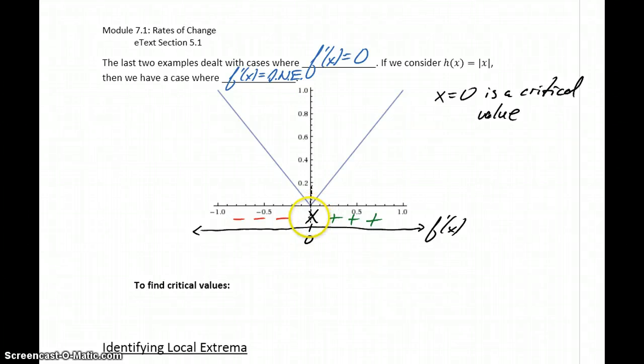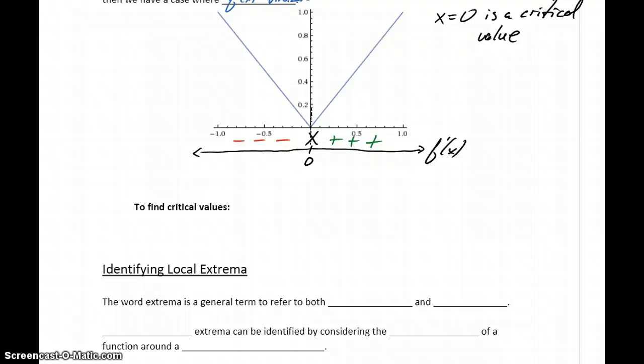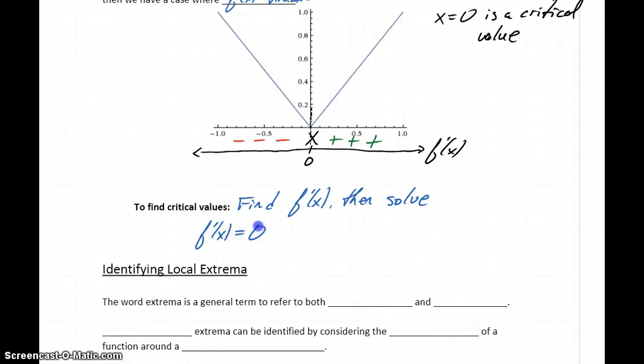And it's a critical value where our function does change direction, from decreasing to increasing. So in general, to find critical values, the first thing we need to do is find the derivative of our given function, and then solve for where that first derivative is equal to 0, or the first derivative does not exist.